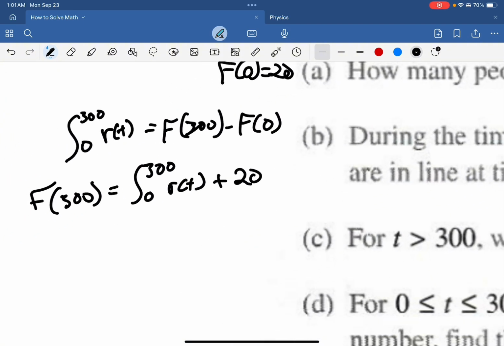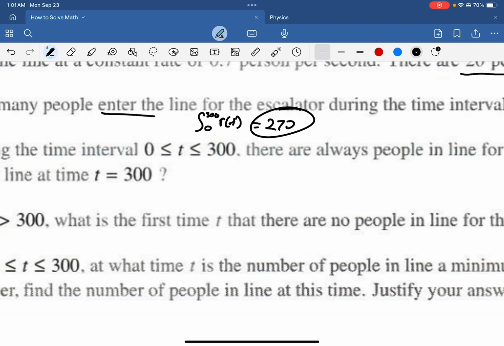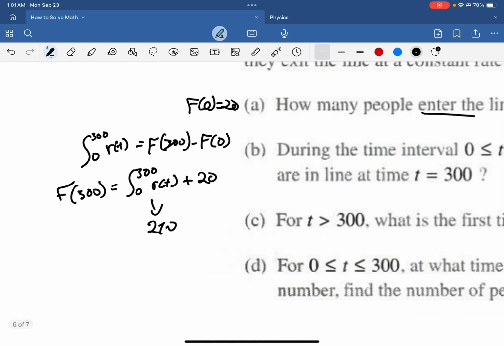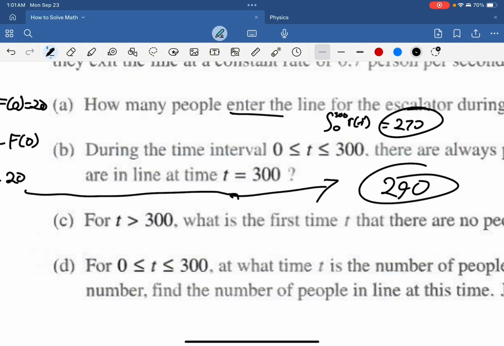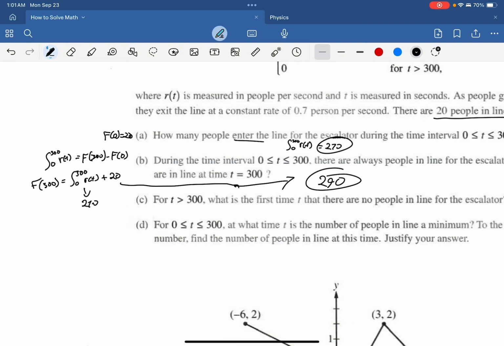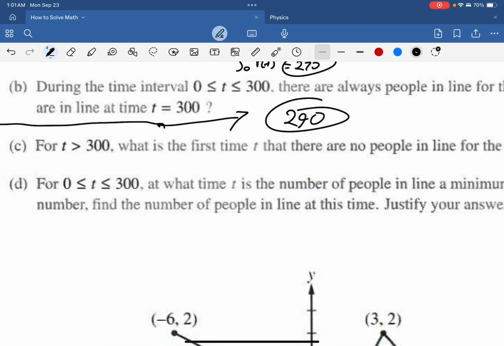So since we already know that this is 270, we can put right here that our answer is going to be 290 people. You should really add this into your answer. College Board would really love that. And you could also add a statement like, oh, there's 290 people in the line. I'm not going to add that right now because I want to really quickly rush through this.